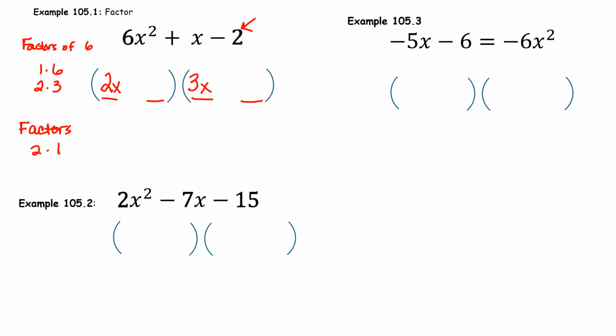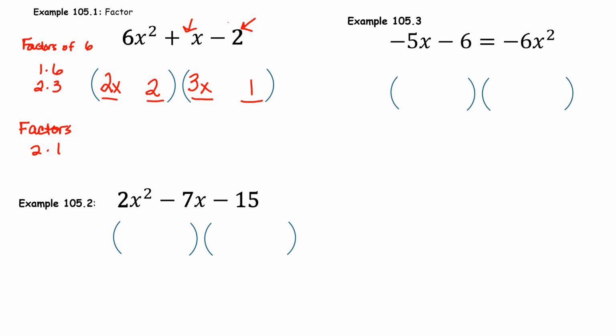That's it. There's only 2. It's prime. Okay, so we can just stick them in wherever. Now, you have to understand that factoring is a trial and error process. You have to try the possibilities to see which ones are going to work. Okay, so we know that 2 times 1 is 2, but the question is, how can we end up with a 1 for the coefficient on x? And so that's what we have to figure out.